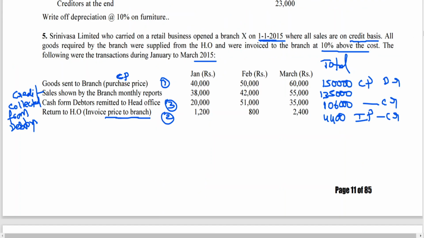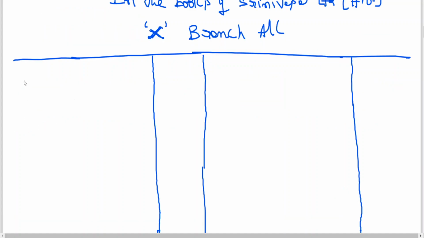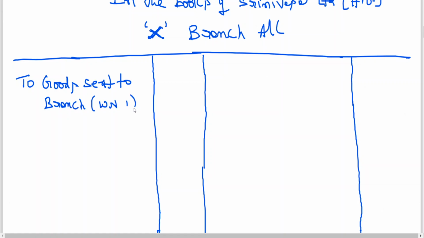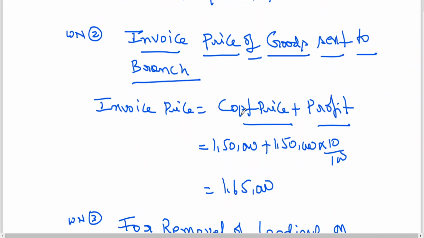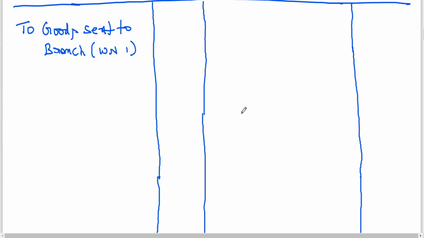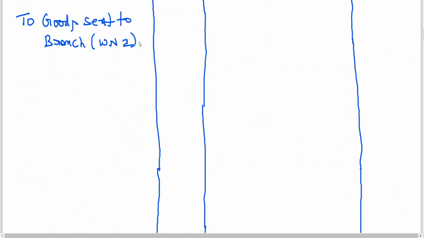So, to goods sent to branch, working notes number 2, 1,65,000.